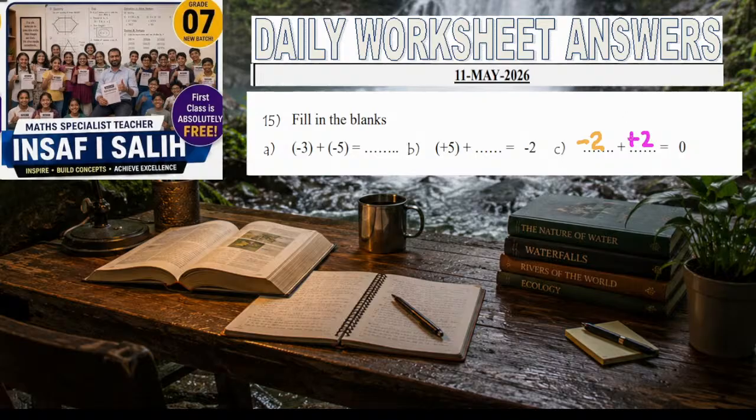So the numbers you're writing in these two blanks should be of different signs to get 0 as the answer. This can be negative 2 addition positive 2.